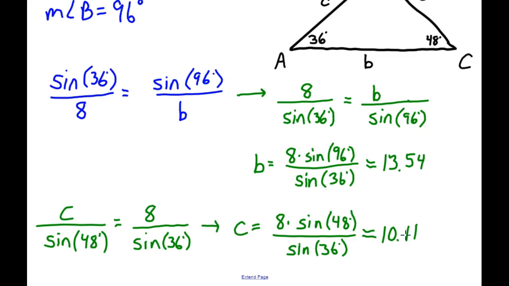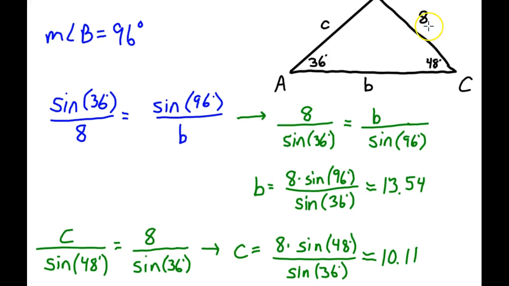One thing we can do now that we have all the information is to check and see if our results are reasonable. Because we know if we have a triangle, the smallest angle is going to be opposite the shortest side, and the largest angle is going to be opposite the longest side. Our original side length was 8. Now we know that C is 10.11 and B is 13.54.